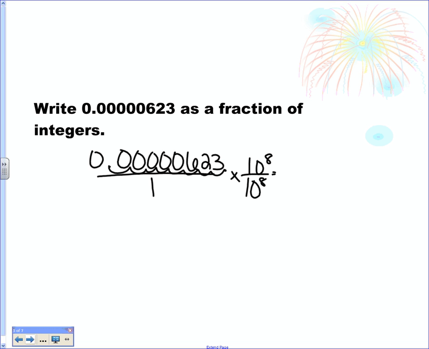Do you agree? So what do you get in your numerator? So you always write the one and however many zeros. Yep. Any questions?